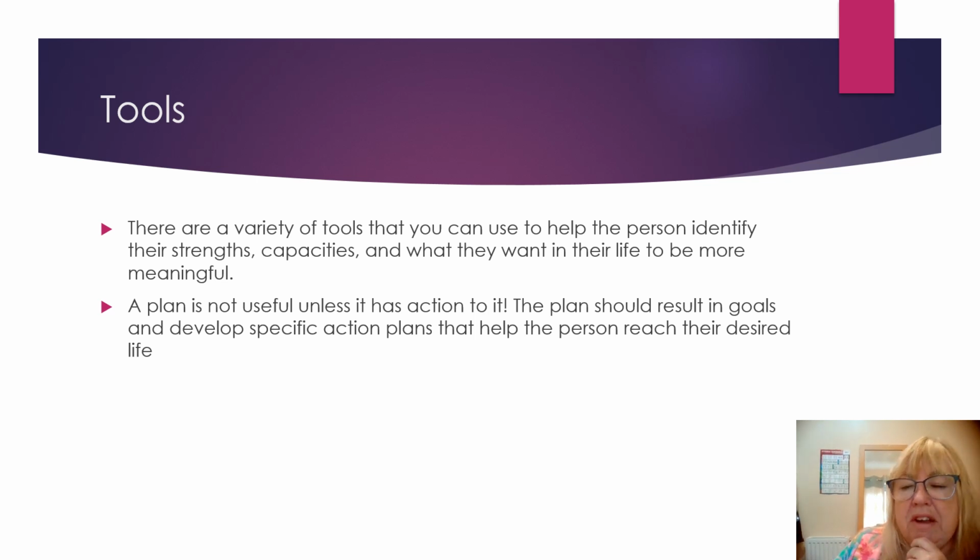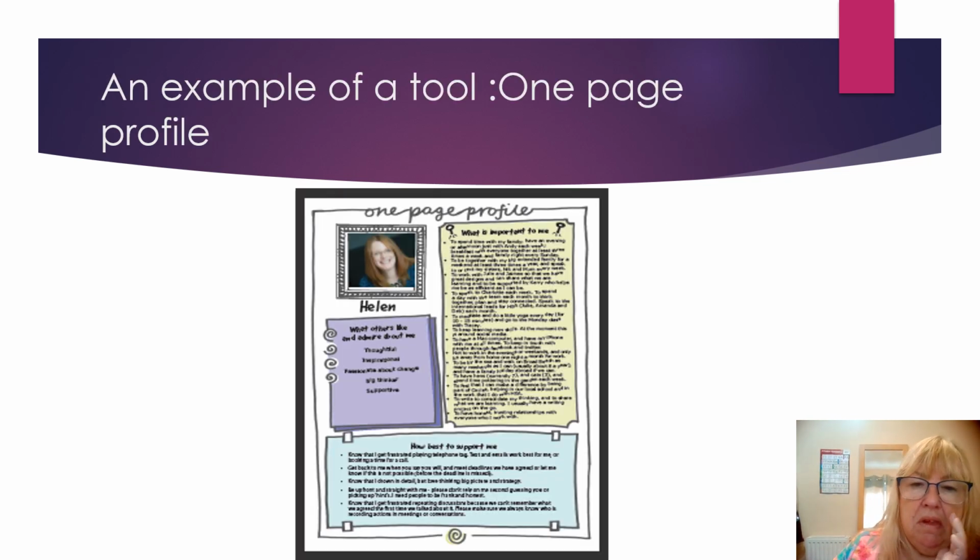There are lots of tools actually to help you care plan. So a plan really needs to have an action and they need to have goals. This is a possible tool that I've seen used a lot. It's known as a one-page profile.